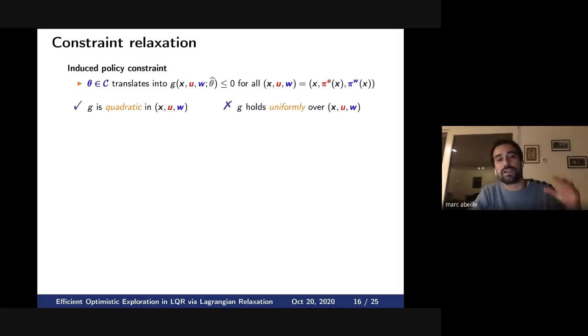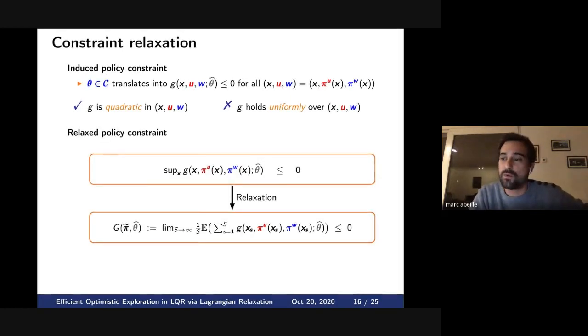And on the bright side, the function small g is quadratic. So this is compatible with the linear quadratic structure of the objective. But on the negative side, it must hold uniformly in some sense. And this is in sharp contrast with the long-term average nature of the objective. And to cope with this difficulty, we begin by relaxing the constraint, and we move from a uniform constraint over the state process to a long-term average criterion.